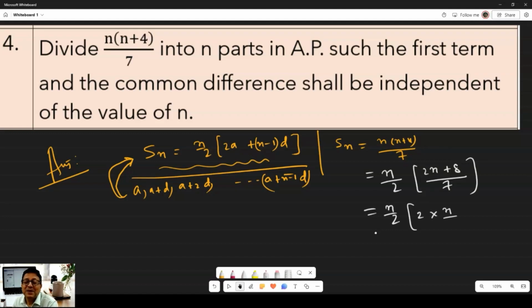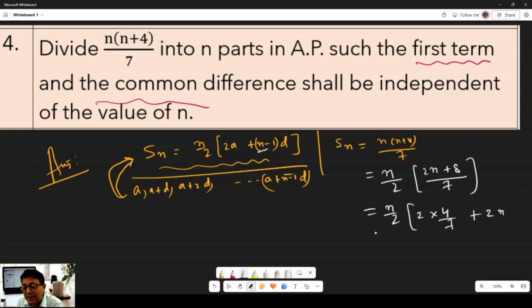But they said that it will be independent of n, the first term and common difference. Here if I write 2 into n by 7, I won't be able to get it. So I have to change my strategy. I am bringing 8 by 7 first. This is 4 by 7 plus, I need an n over there, so you write (n minus 1).